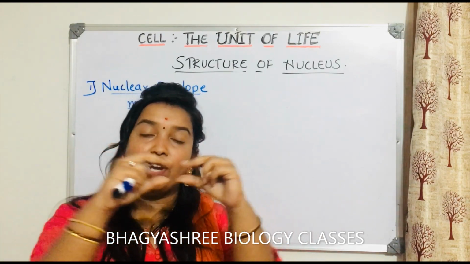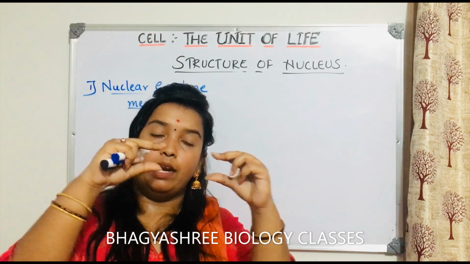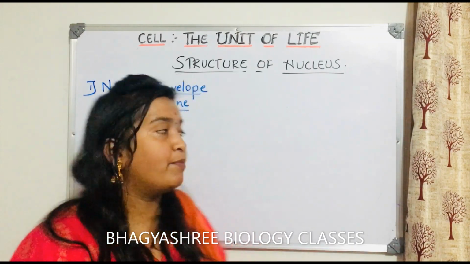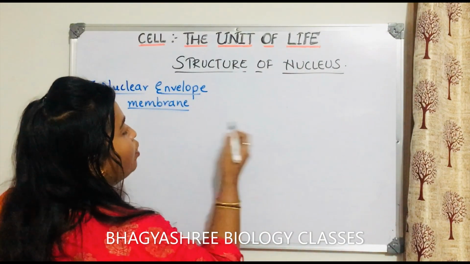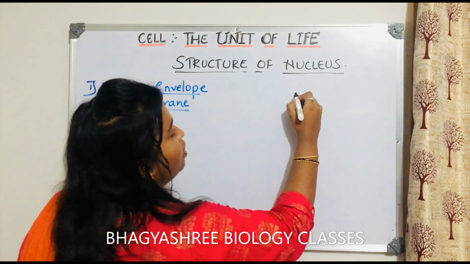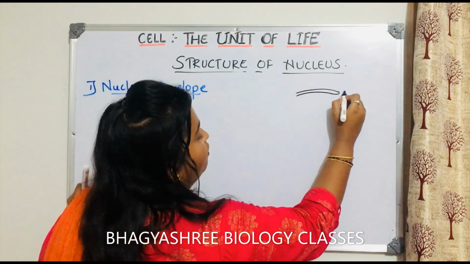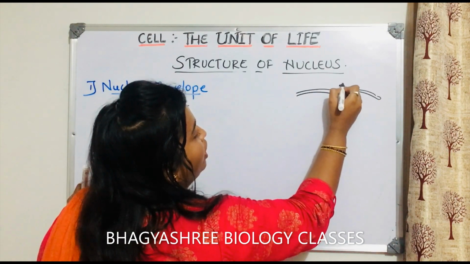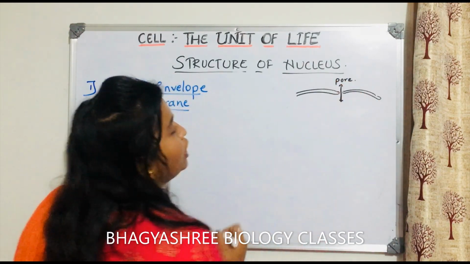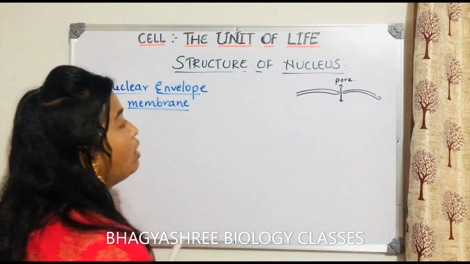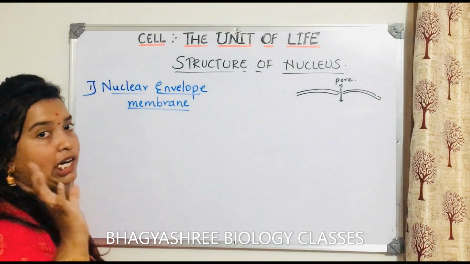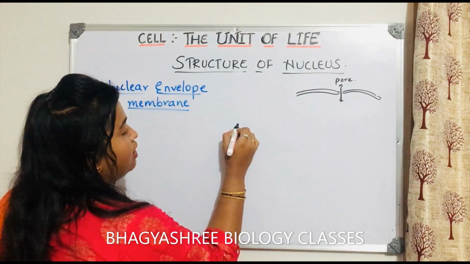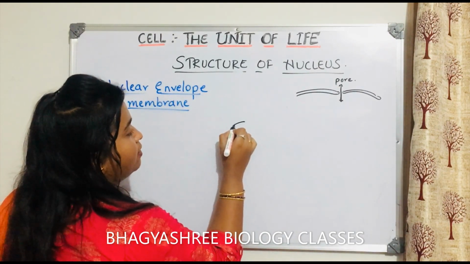Actually because the outer membrane and inner membrane are joined together in some areas, which causes that pore. I have already shown you: this is the pore, this is the space here. So we call it the nuclear pore, right? Now if you see how this pore actually looks, it is just like a cylinder.